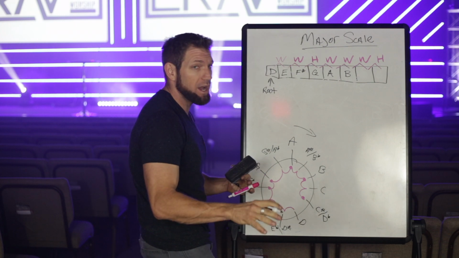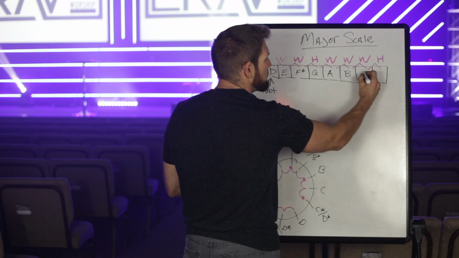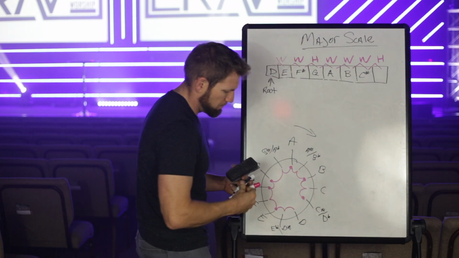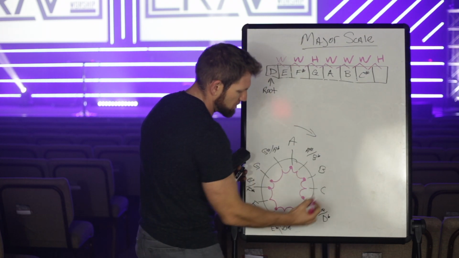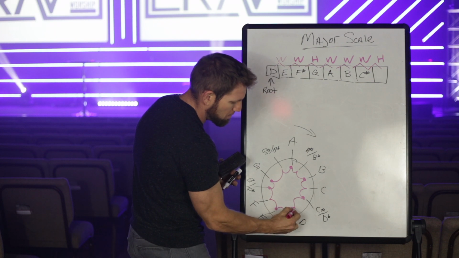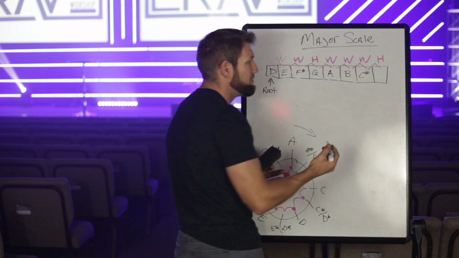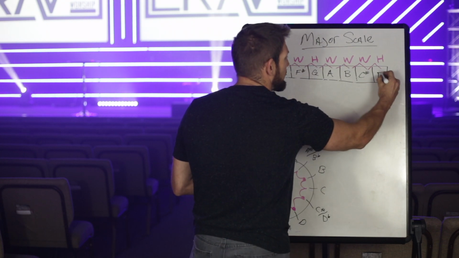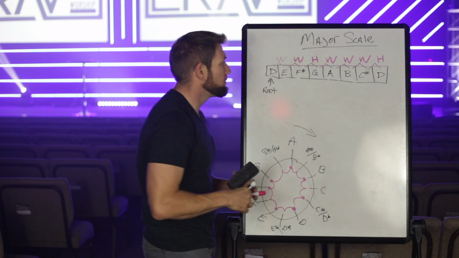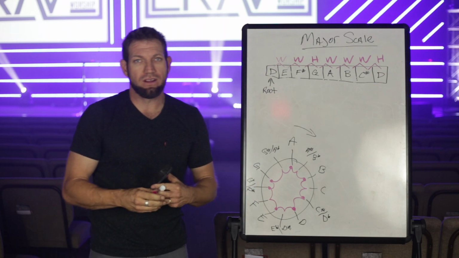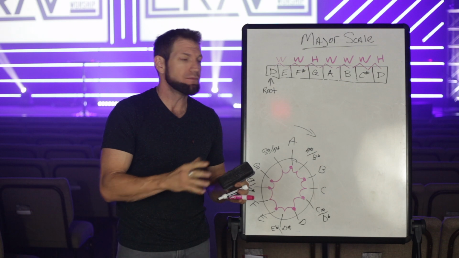Doesn't matter which one for right now that you want to call that. Again, I'm just going to stick with the sharps here. Call that C sharp. And to finish our scale, from C sharp back to D, which is where we began. So that's one way I know that I've made this wheel correctly.